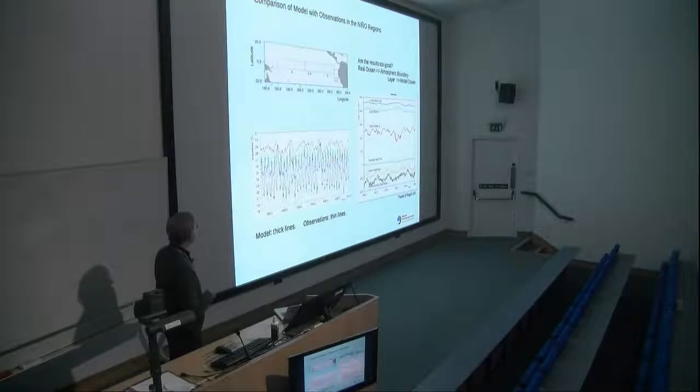In it you can see the strong El Niños: this one here in 82, 83, and the one here in 1997, 98, which I'll be concentrating on. The light lines are what the observations show. Although there are some discrepancies down here, at the time of the strong El Niños there's extremely good agreement between the model and the observations.